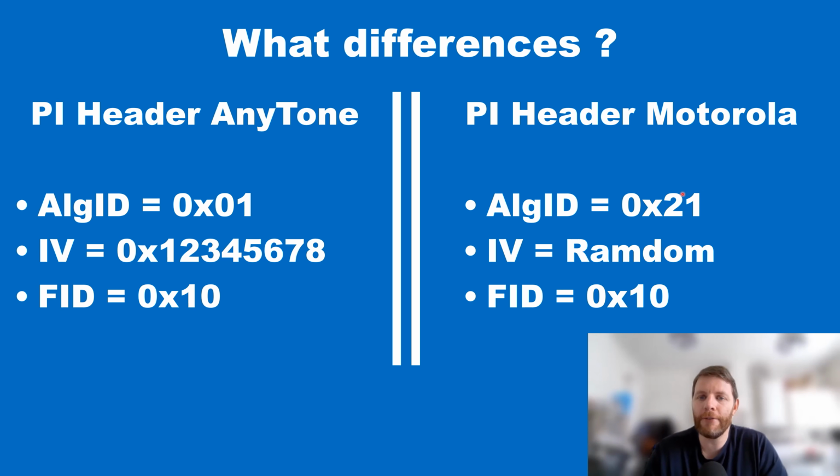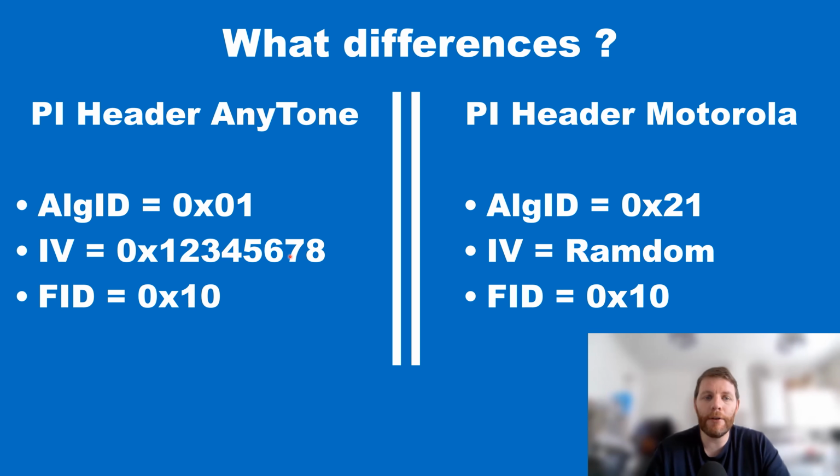I don't know if the algorithm ID is coded on 1 byte, 8 bits, or only on 4 bits, half a byte. In the case it is half a byte, the 1 is the same, and the 0 and the 2 should not be taken into account. But I don't know. This is just a difference that I observe.